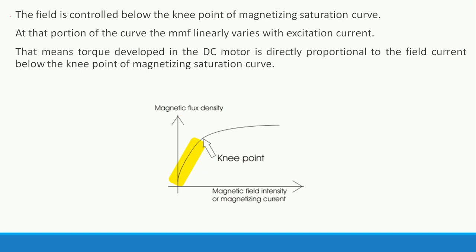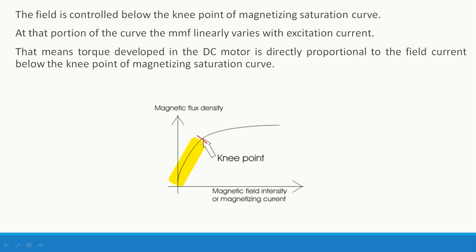Then there is one important thing to mention, that is the magnetizing saturation curve. In this motor, the field is controlled below the knee point. This is the knee point of the magnetizing saturation curve, which is plotted as magnetizing current versus magnetic flux density.